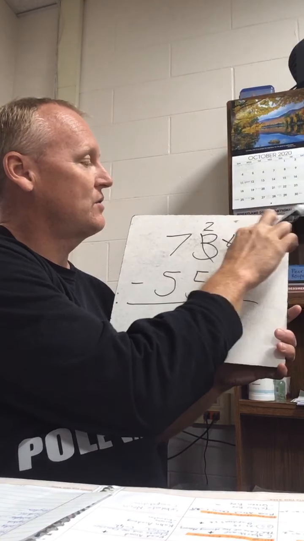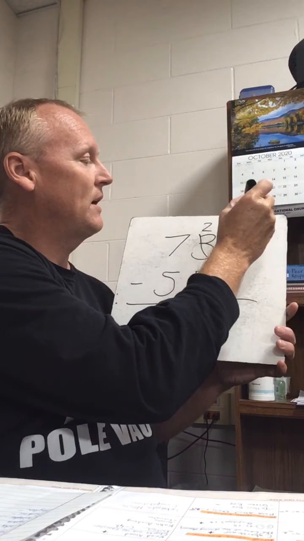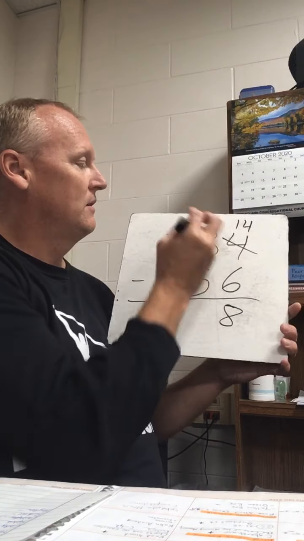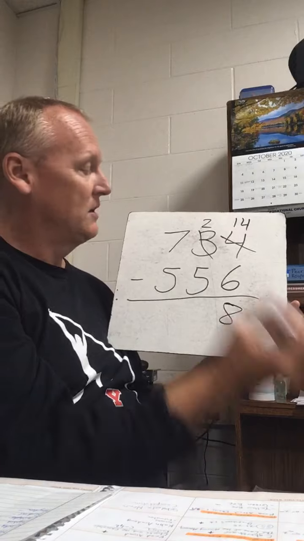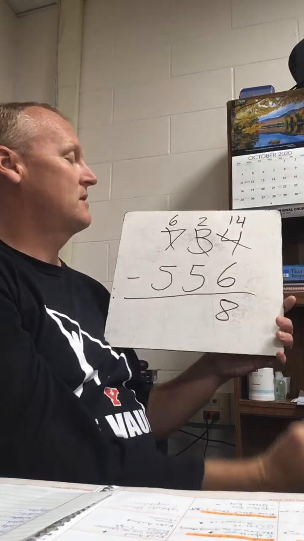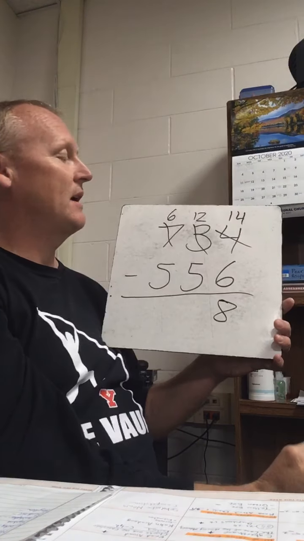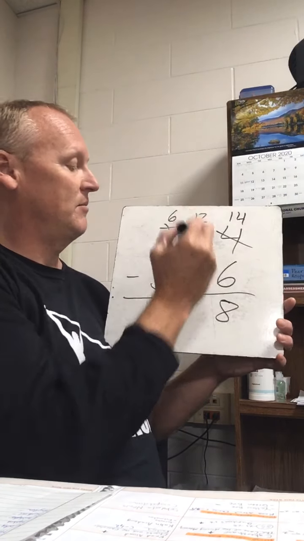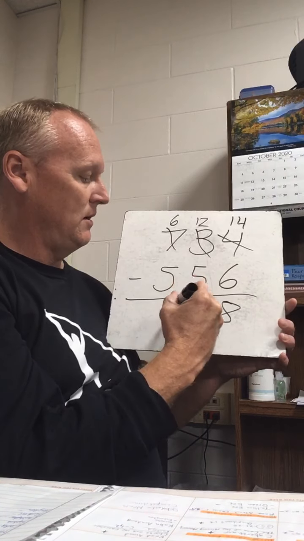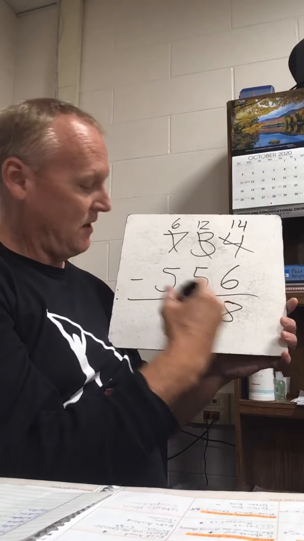Okay, now you've heard it so many times, we'll just be more efficient in the way we explain it. 14 minus 6 is 8. 2 minus 5 we can't do, so we have to borrow from this. 1 less than 7 is 6. Slide that 1 over here in front of the 2. You have 12 now. So 12 minus 5 is 7. 6 minus 5 is 1.